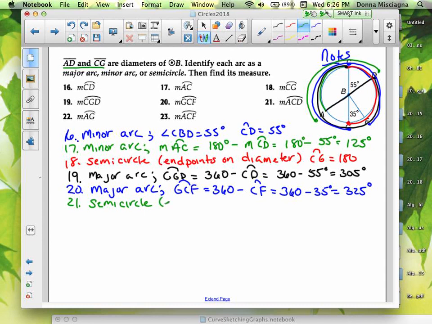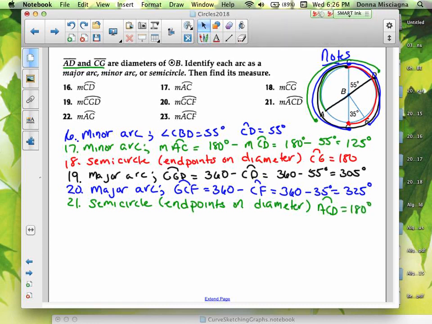Our endpoints are on the diameter. And so ACD equals 180 degrees. 22, 2 more to go.